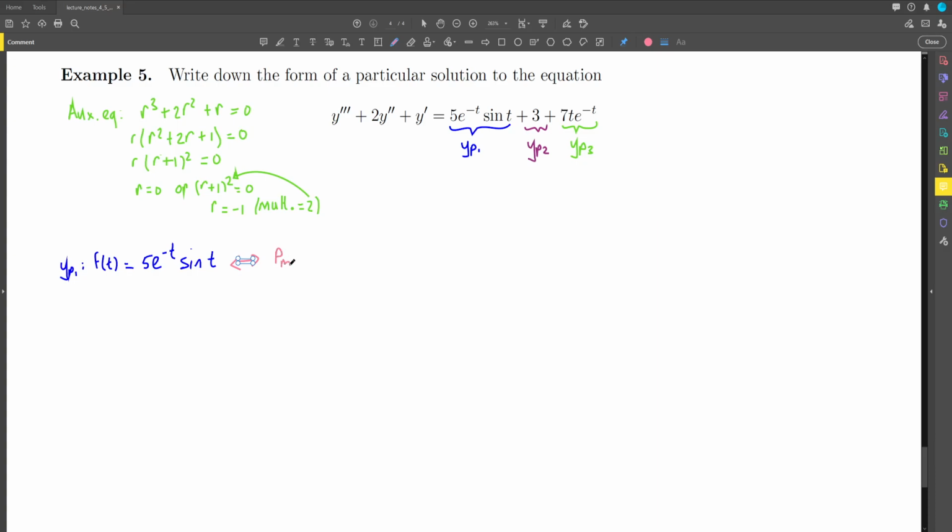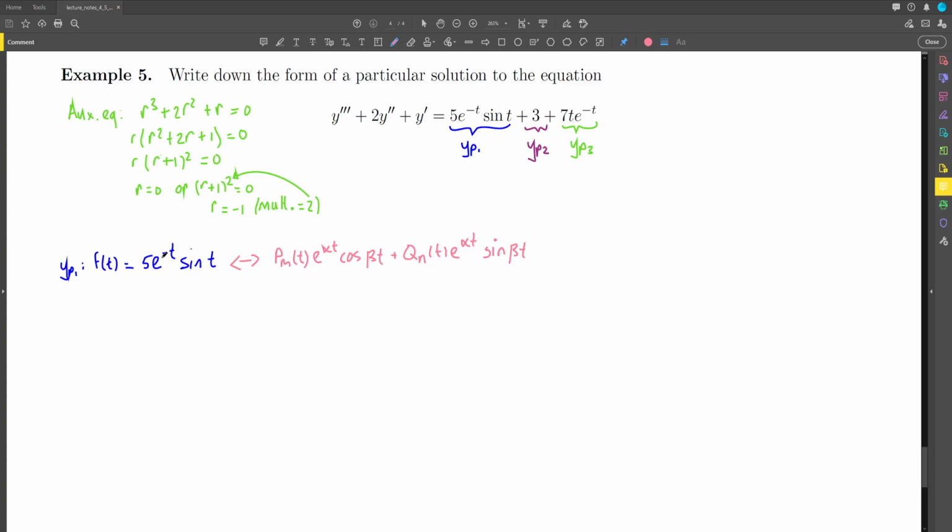The right hand side is Pm of t times e to the power alpha t cosine beta t plus q sub n of t e to the power alpha t sine of beta t.